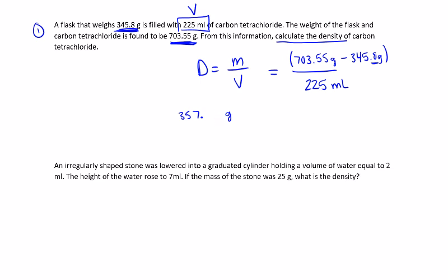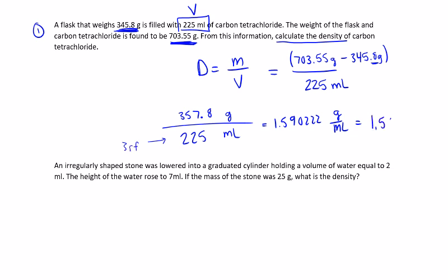So 357.8 grams divided by 225 milliliters gives us 1.590222. Our units are going to be grams per milliliter. Again, we care about sig figs, so my answer can only have 3 sig figs because of my bottom value. So 1.59 grams per milliliter is that first problem.